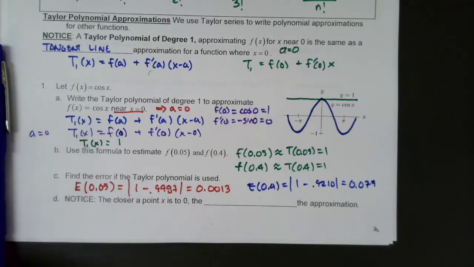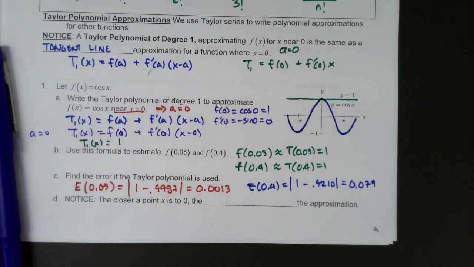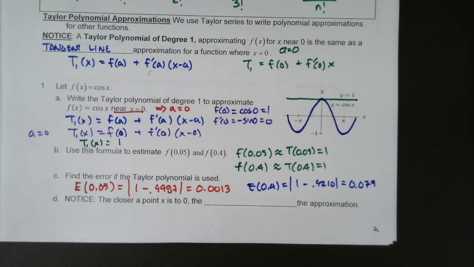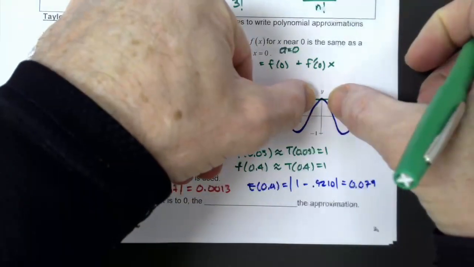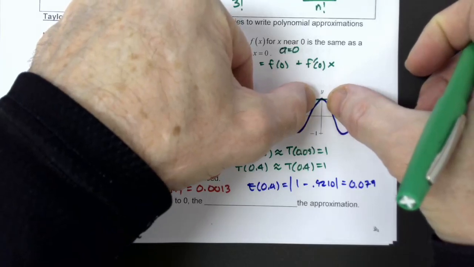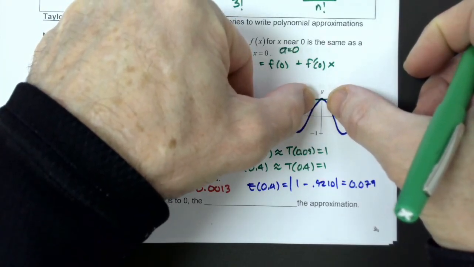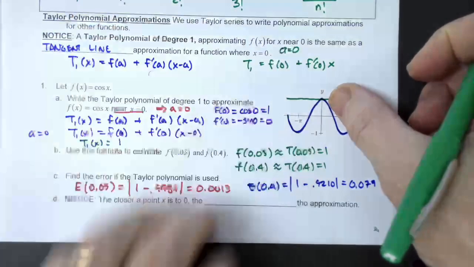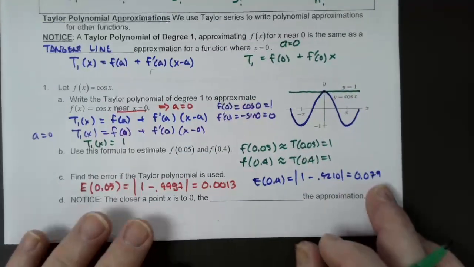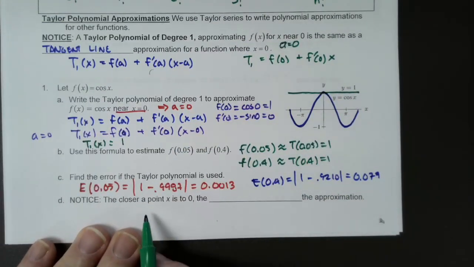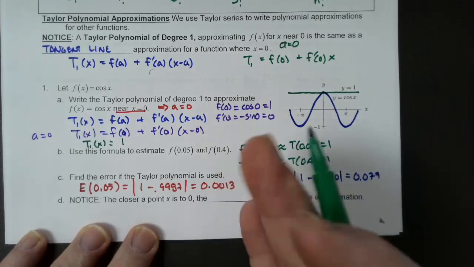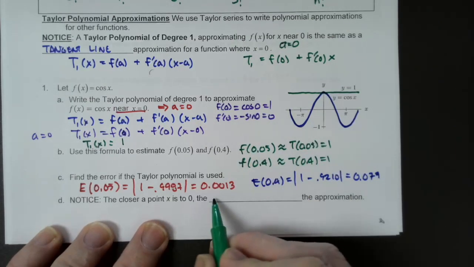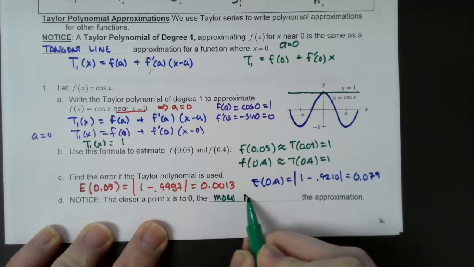So this goes back to some of the topics you talked about in AB. Hey, on your tangent line, the closer you are to that point where you got the tangent line, the closer it's going to resemble the graph. And the same thing with our Taylor polynomials. The closer a point x is to 0, in this case, the more accurate the approximation is.